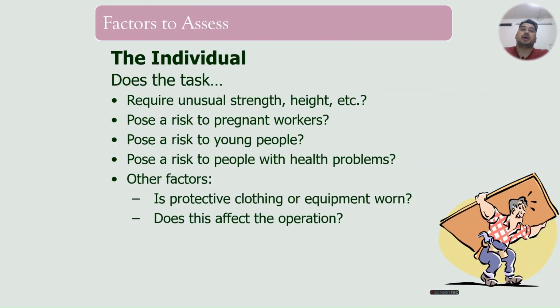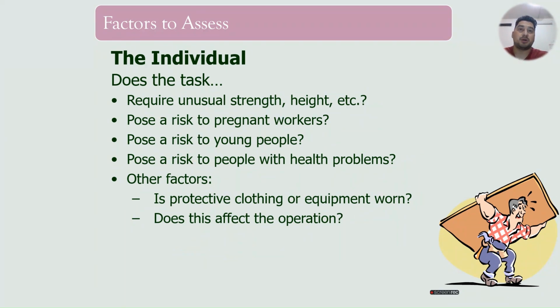Factors to assess: individual. Now we're done with the load. Now we have to assess the individual. Individual means who is going to lift that load. Does it require unusual strength, height, etc.? Who's going to lift that load, whether at high height or lower height, short people, or what strength is required for that load?